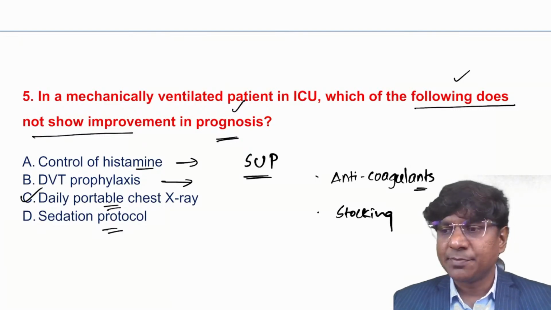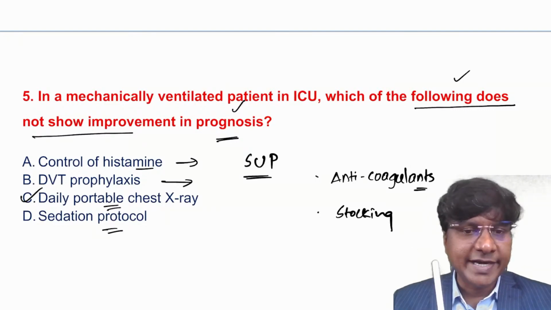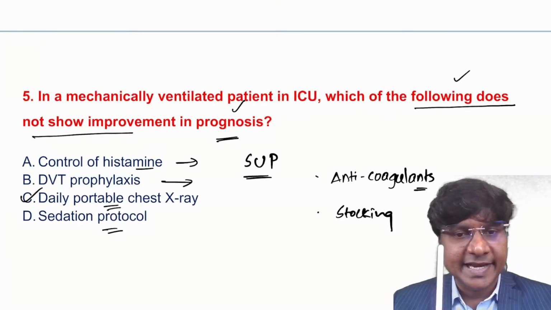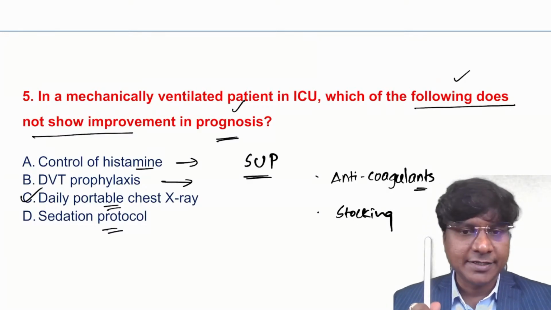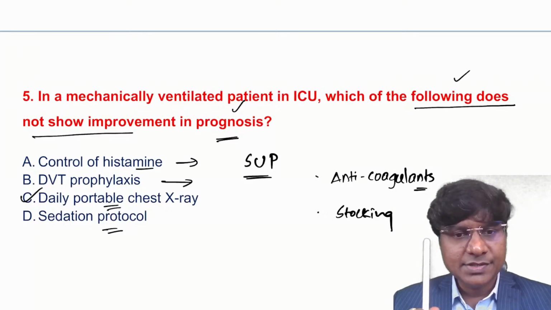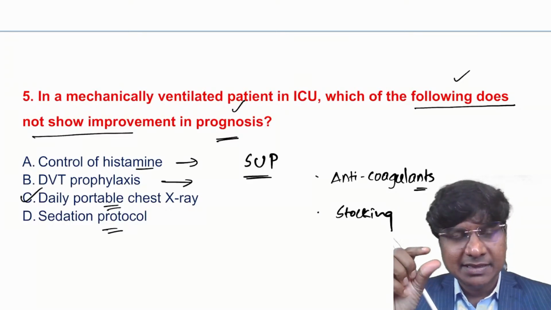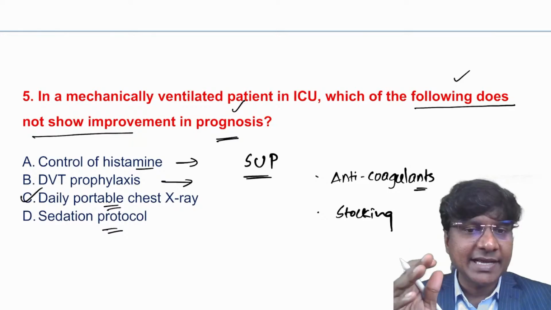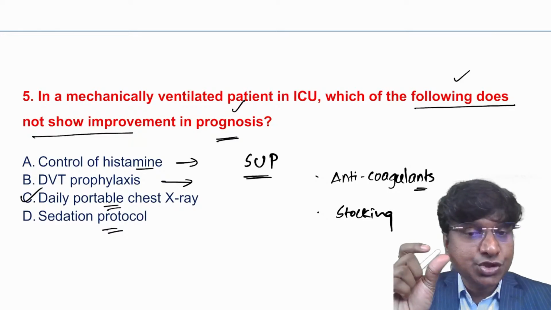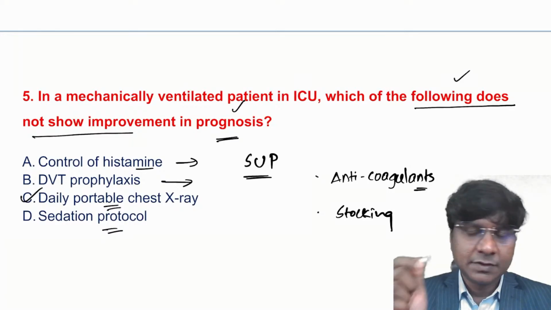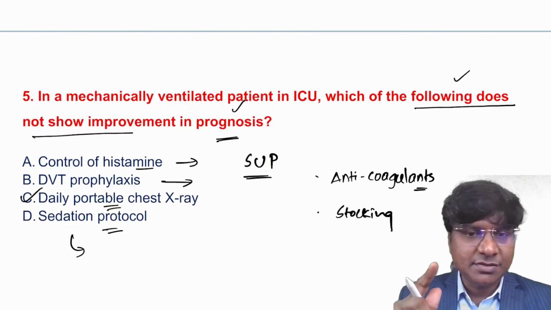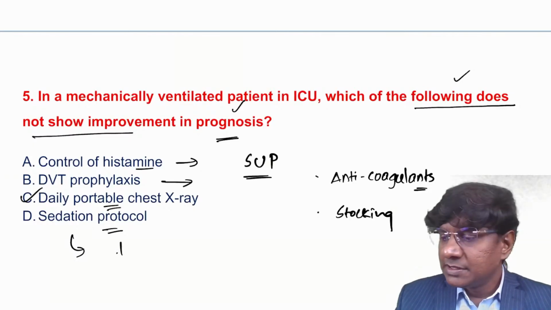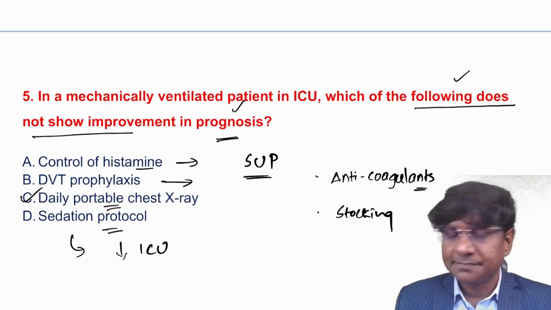And what about the sedation protocol? How is this useful? This sedation is very, very important, right? Why? Because light sedation targets shortened ventilation duration, and it will also reduce the length of the ICU stay.